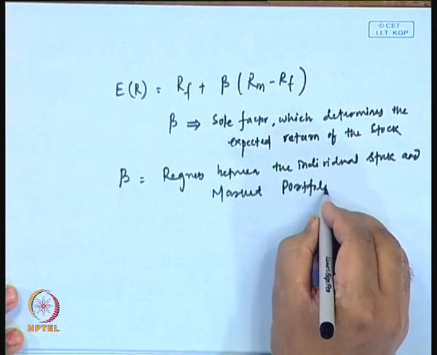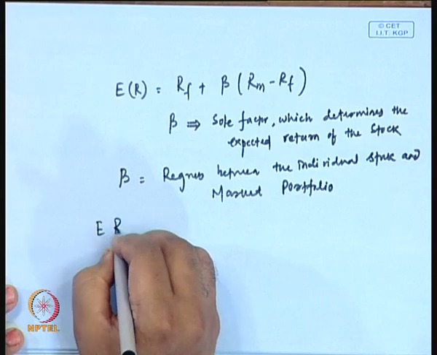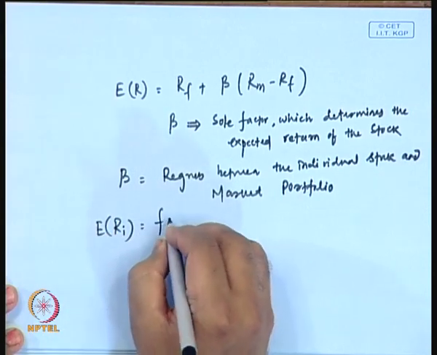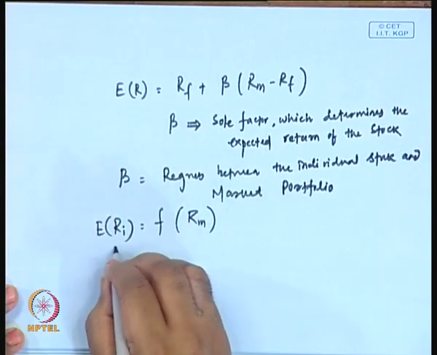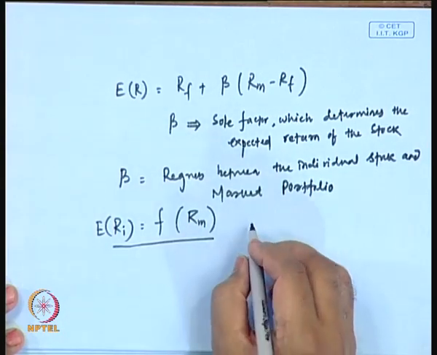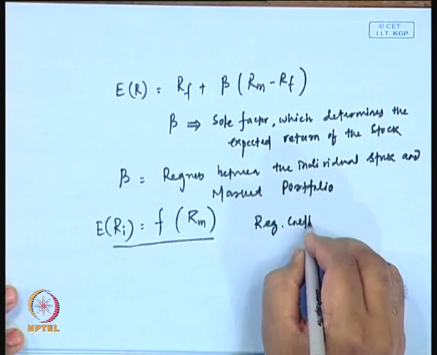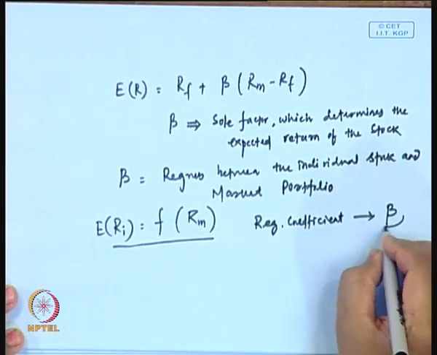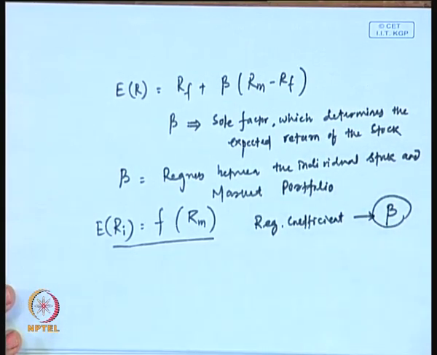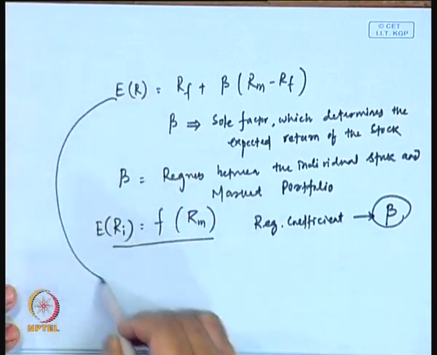What it basically means is that the expected return of an individual stock is a function of the market return. So if you regress between these two, the regression coefficient is defined as beta, and this beta is the significant variable which always determines the expected return.